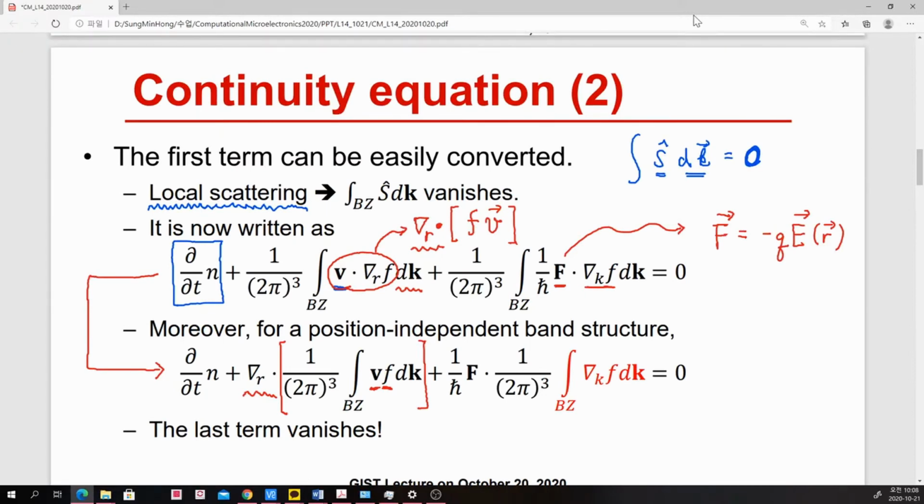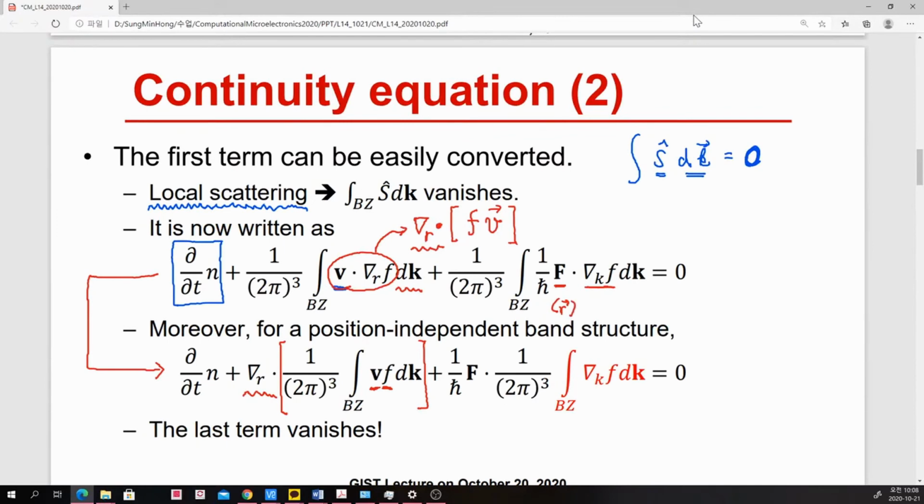Of course, if we are talking about the Lorentz force, then Lorentz force really depends on the momentum. So life will be much more complicated, but for a while we will just consider the electric force. So now this force itself is also only a function of real space.